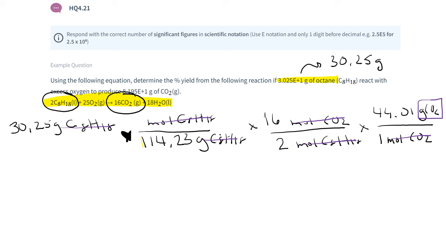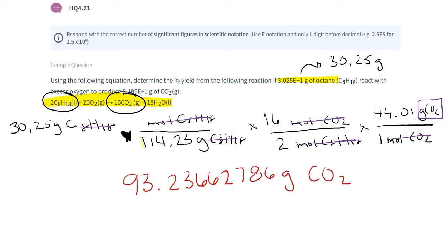So going ahead and doing that math, what we get at the end is 93.23662786 grams of CO2. Now I know that's a big number, but we don't want to round until the very end, so that way we can make sure that we have the correct number of significant figures and that we are as accurate as we can possibly be.